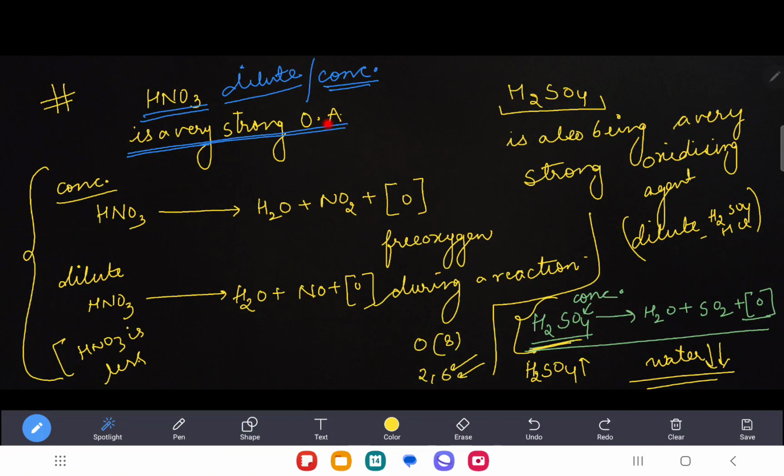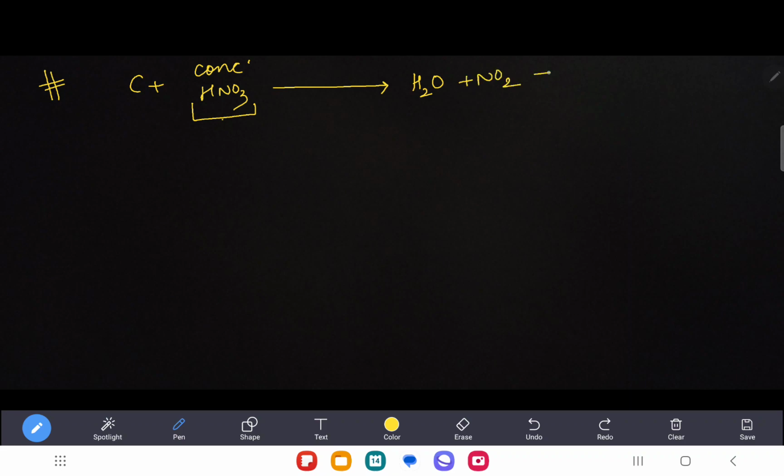Now, understand how exactly this works. Just see. When we are talking about the acids, let's suppose we add carbon to concentrated HNO3, and we expect the reaction to happen. You tell me independently: do you understand that HNO3, while sitting, is giving H2O, NO2 and nascent oxygen?